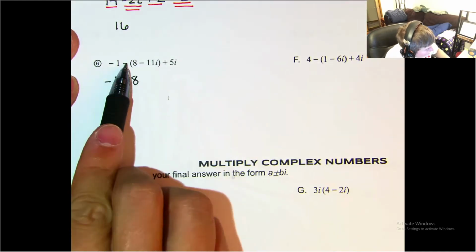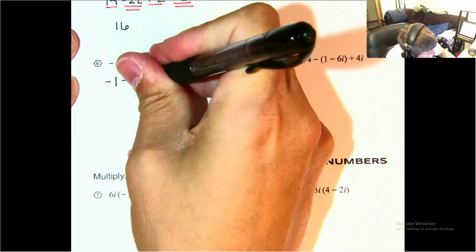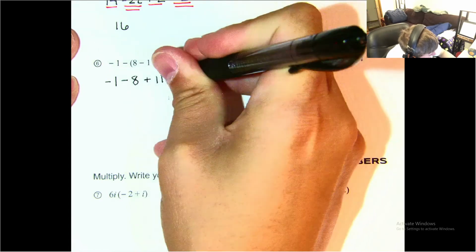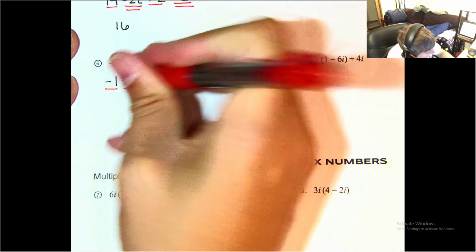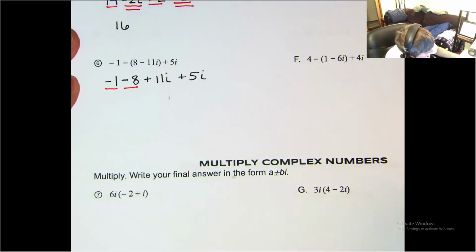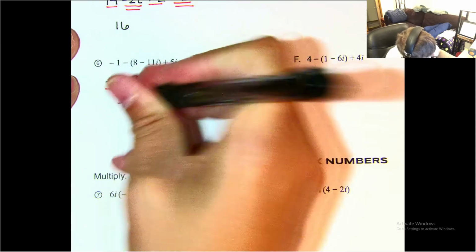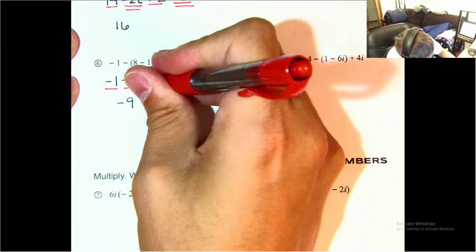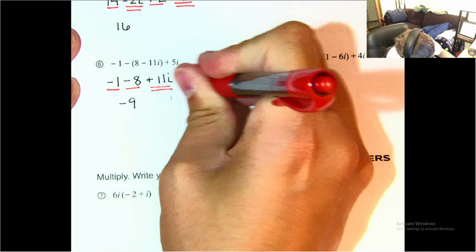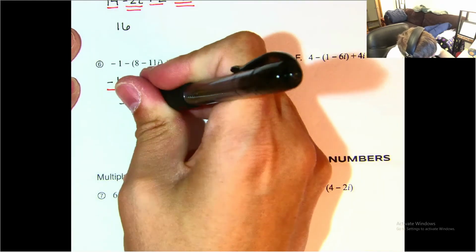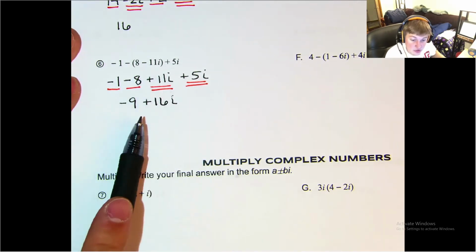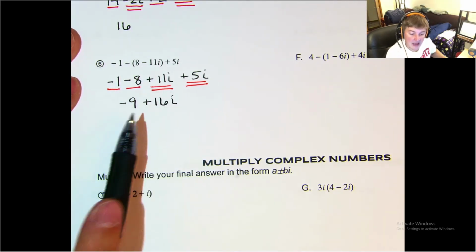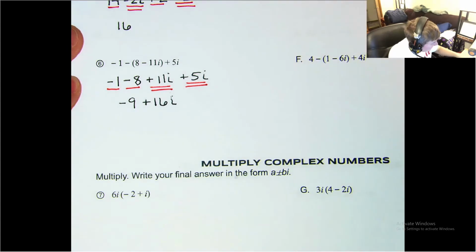And here I'm subtracting a negative 11i, and that's the same as adding 11i. Okay, and then now I can combine my like terms. Negative 1 and negative 8 is negative 9. 11i and 5i combine to 16i. So this expression is equal to the complex number negative 9 plus 16i.